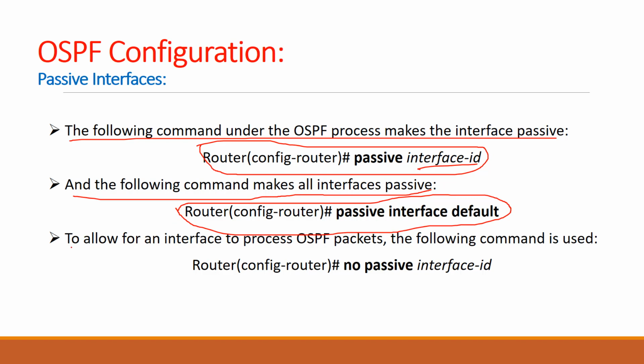And then to allow an interface to process OSPF packets, the following command is used, no passive-interface and the interface ID. If you used passive-interface default, it will make all interfaces passive. If you want to make an exception, use no passive-interface and the specific interface.